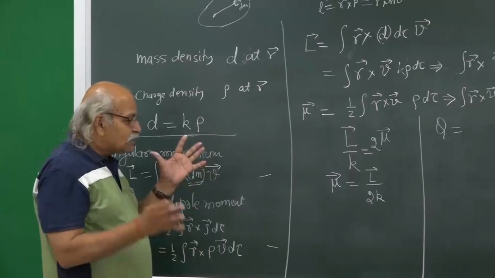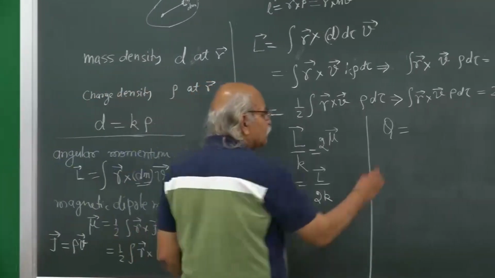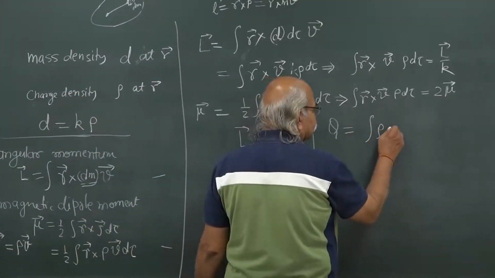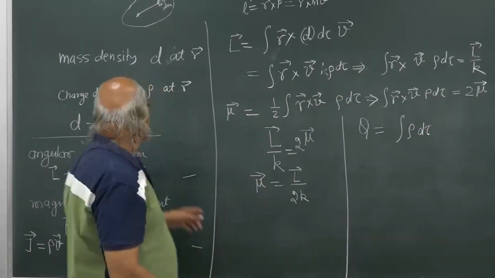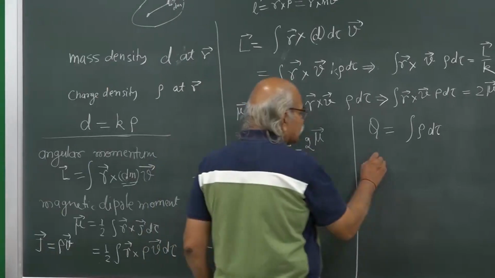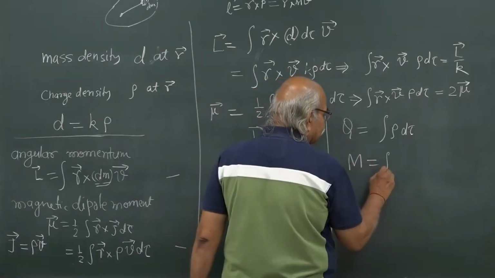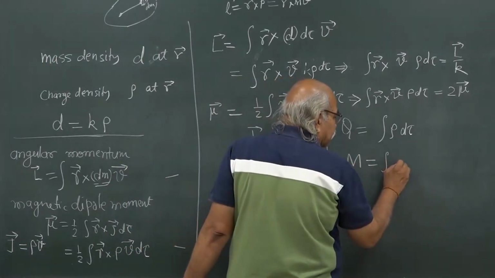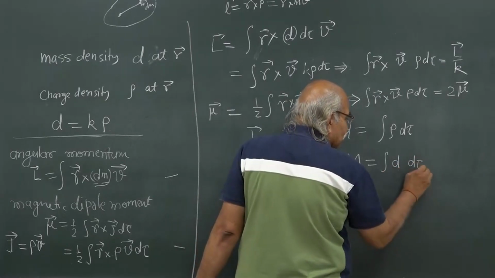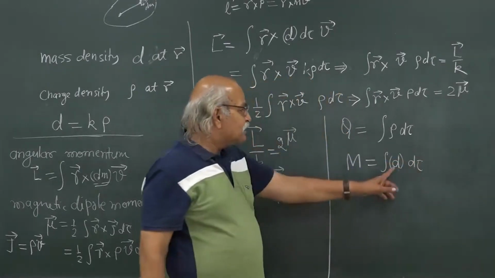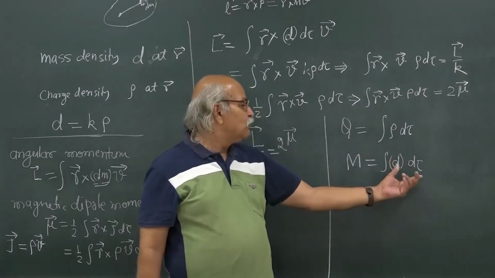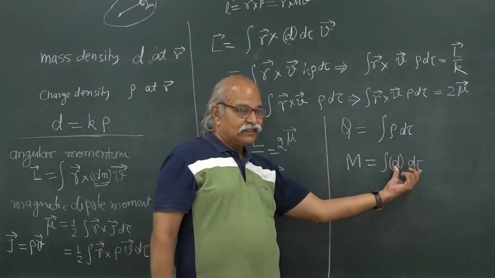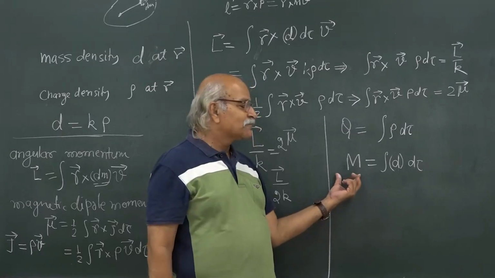So this total charge will be rho d tau integrated over the entire volume, and what is the total mass? Total mass will be the mass density times d tau. This is the charge density, this is the mass density times volume, which gives you the mass of that d tau, and then you integrate, you get the total mass.